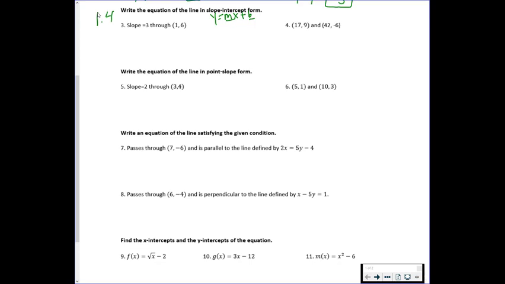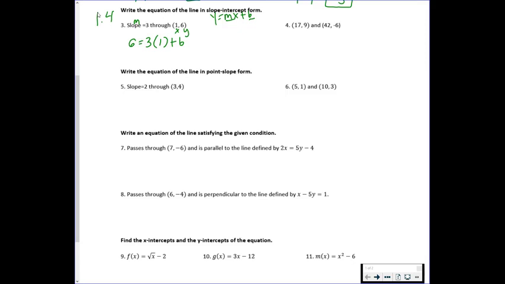So let's go plug in what we know. I know my m, my slope, is 3. And I have an x and a y. But I don't know my y-intercept, but I can go find it. My y is 6. My slope, I was told, is 3. The x value I'm given is 1. Plus b. That's a b there, not a 6 at the end.